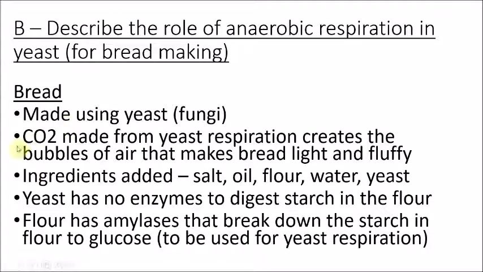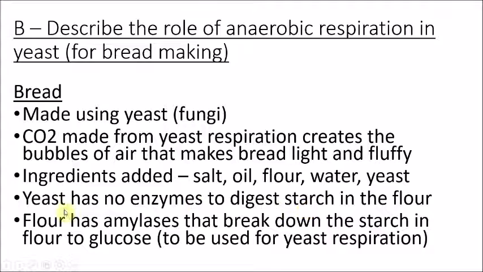They give certain ingredients like salt, oil, flour, water, and then obviously the yeast. Now, yeast doesn't have enzymes to digest the starch in the flour, because the yeast is going to need glucose to carry out the fermentation process, because it needs that food source. But there is no food source here because it can't break down the flour because it's made of starch.